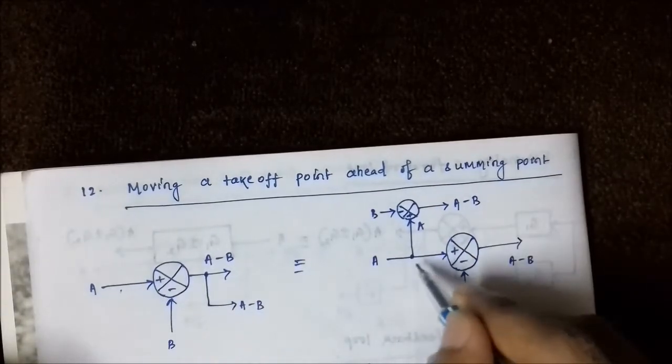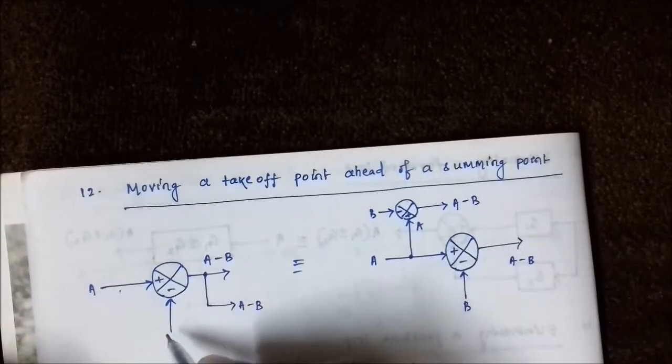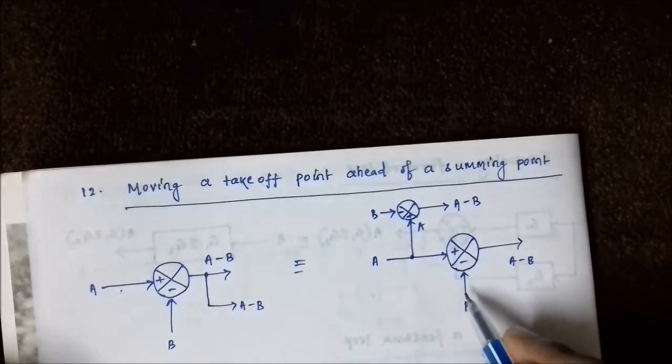Same principle: when we move the summing point, the vertical signal value moves along with it.